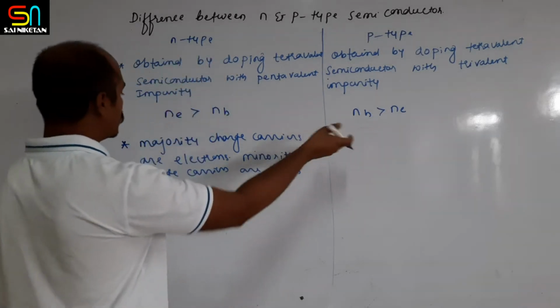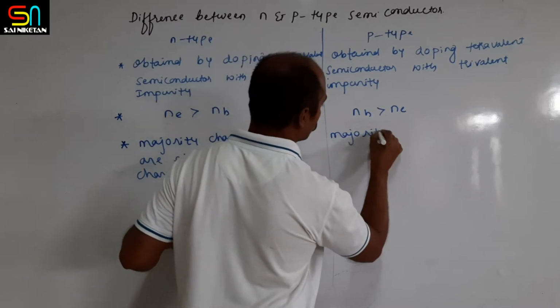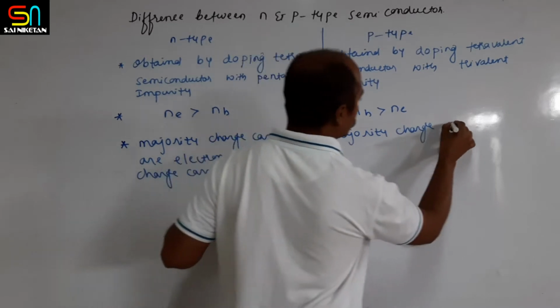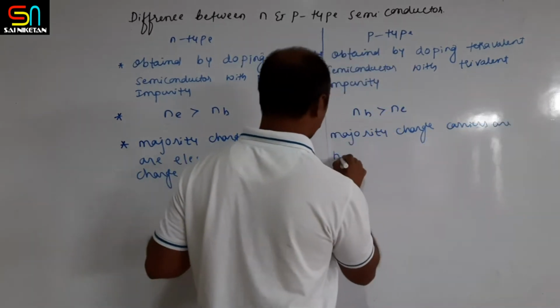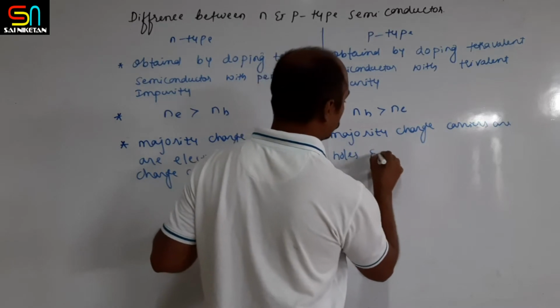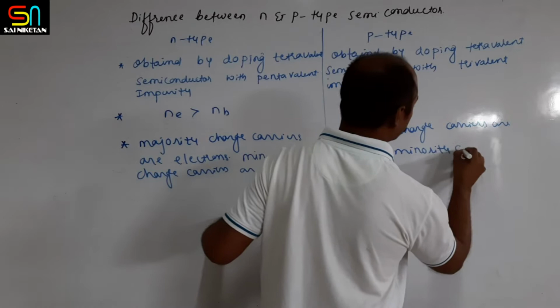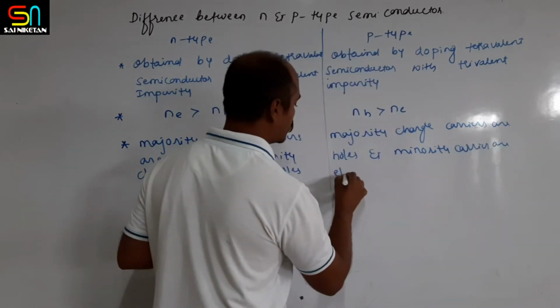And here it is just the inverse: majority charge carriers are holes, and minority carriers are electrons.